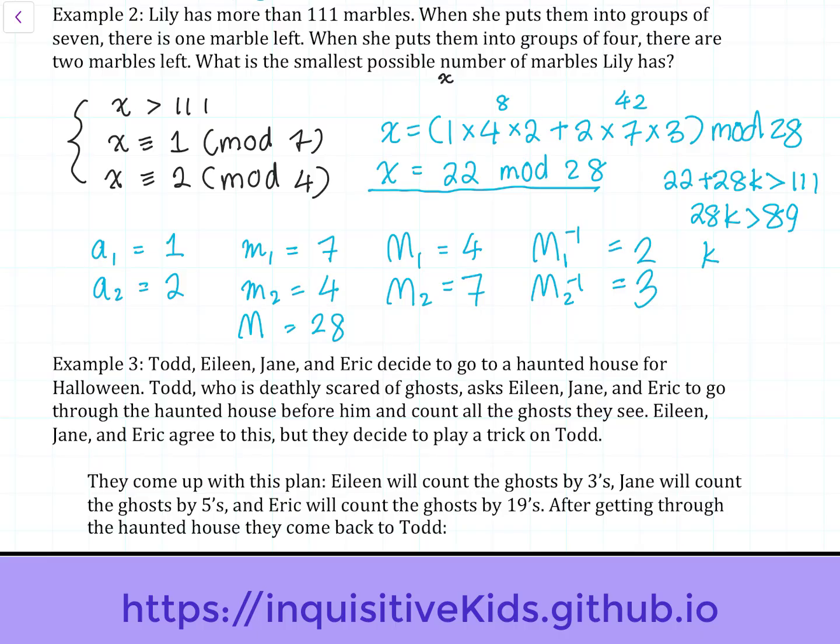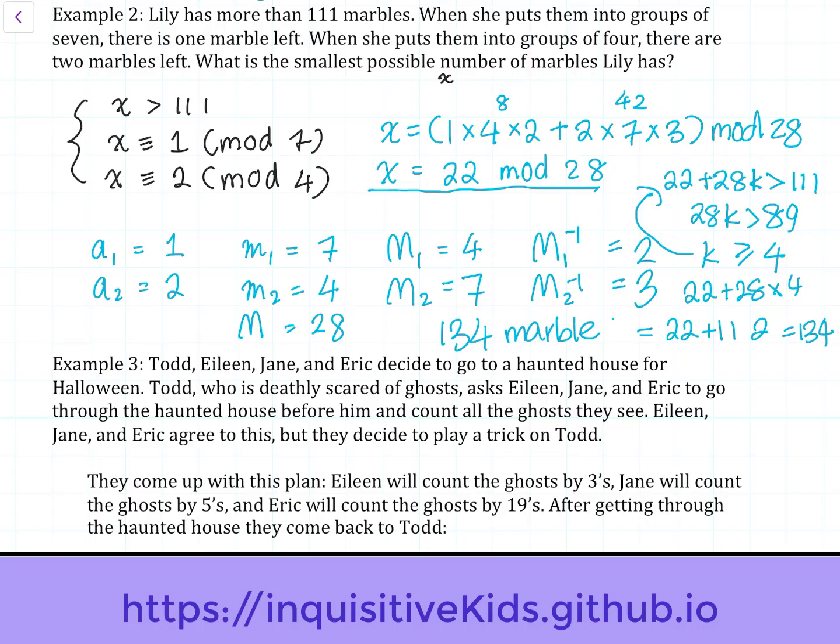K, with itself having to be an integer, must be greater than or equal to 4. So since the smallest possible value for k is 4, substituting back in here, we'll have 22 plus 28 times 4, which is equal to 22 plus 112, which is equal to 134. So in the end, 134 marbles would be the answer.